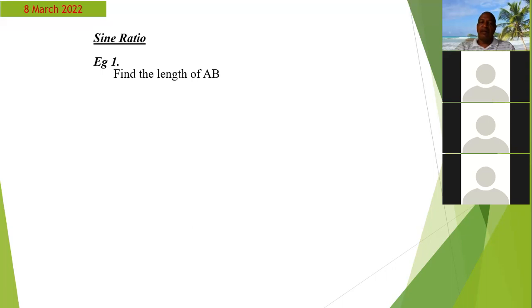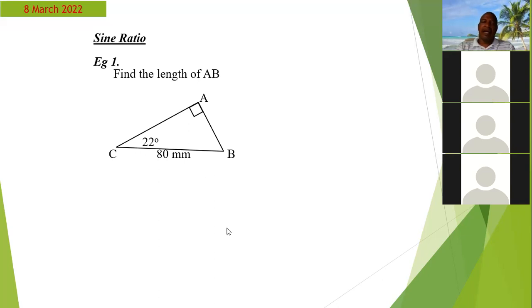Now for the sine ratio, for the first example, it says find the length of AB in the given triangle that is labeled below. All right, now if you're given this triangle here and you're asked to find the side AB, I'm going to just use an X to label the side AB.